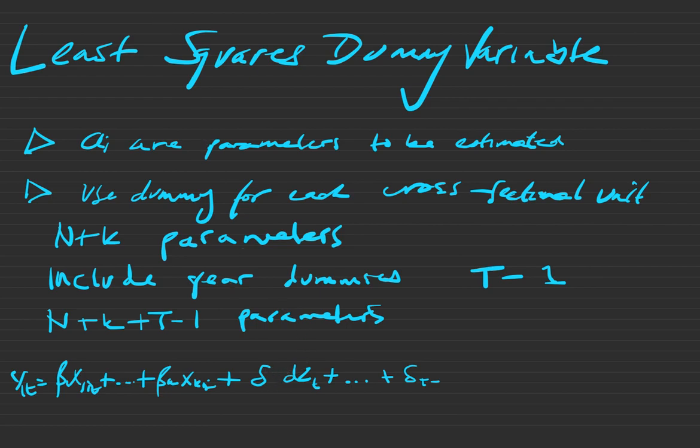So let's just start with 1. Delta 1 through delta T minus 1 d_T, and then include our dummy variables for the cross-sectional units.